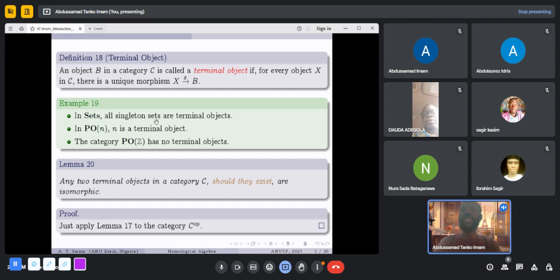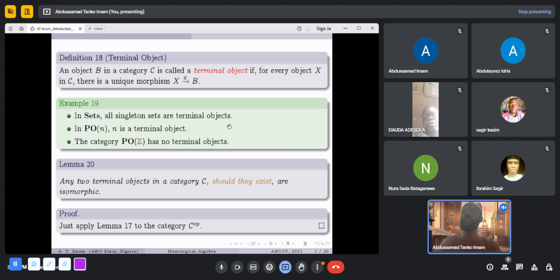In sets, all singleton sets are terminal objects. You can have so many terminal objects, as you can have so many initial objects, but we saw in the last lemma that the initial objects, whenever they exist, are isomorphic.